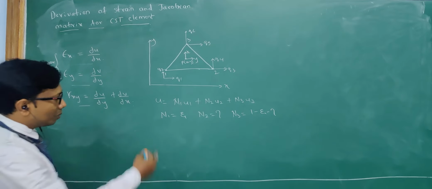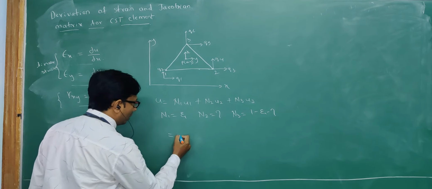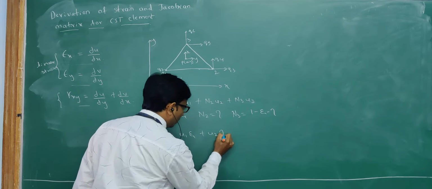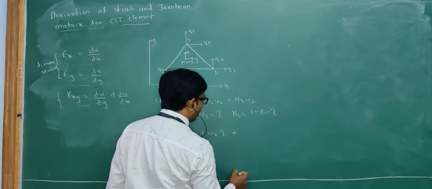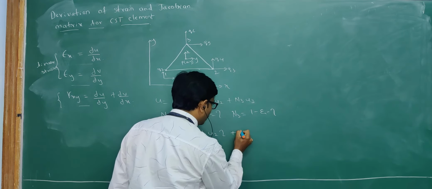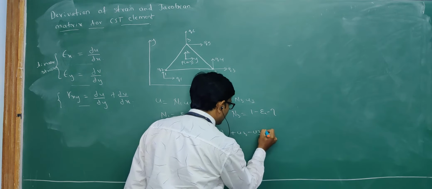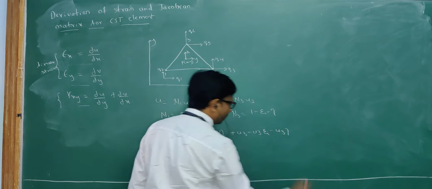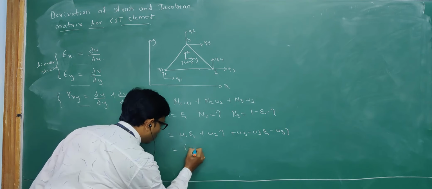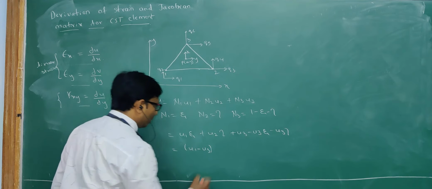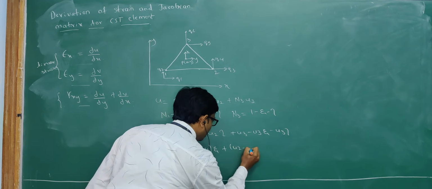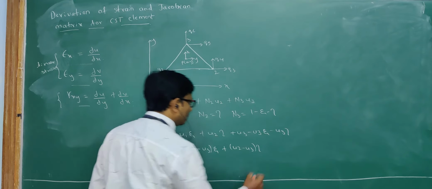If I substitute in this equation, it will be u1 zeta plus u2 eta plus u3 minus u3 zeta minus u3 eta. If I take zeta common, what happens here is (u1 minus u3) zeta plus (u2 minus u3) eta plus u3.